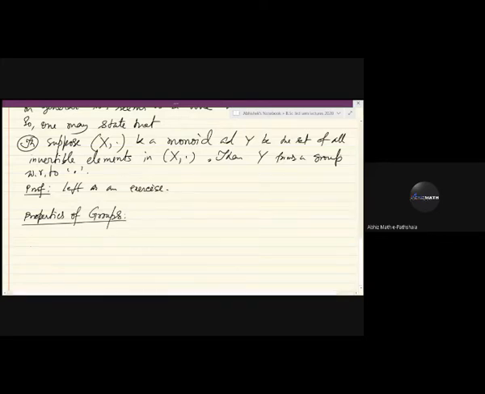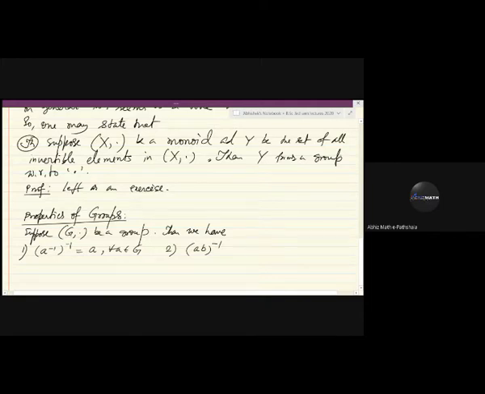So suppose you have a group G. Then we have number one: inverse of A inverse is A itself for all A belongs to G. Number two: if you take two elements A and B and take their composition AB, and then you take their inverse, what would be the inverse of AB?